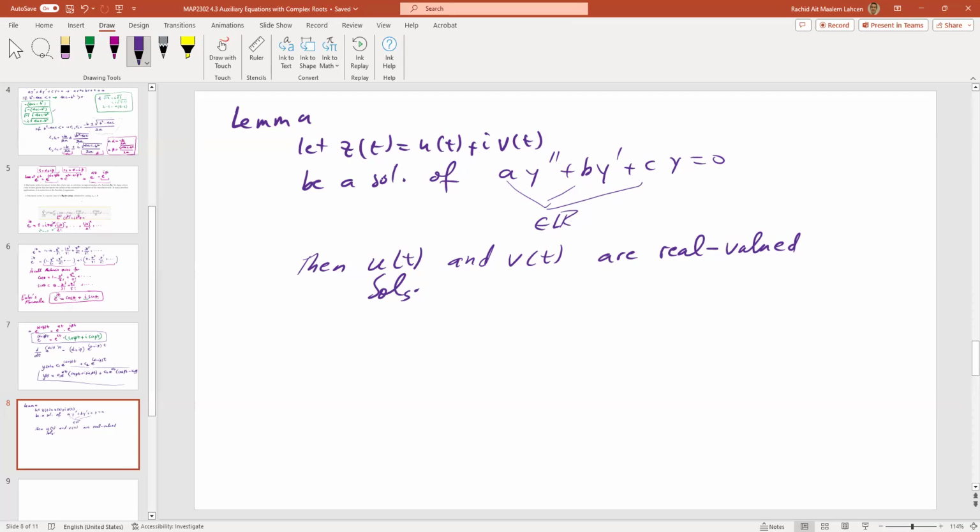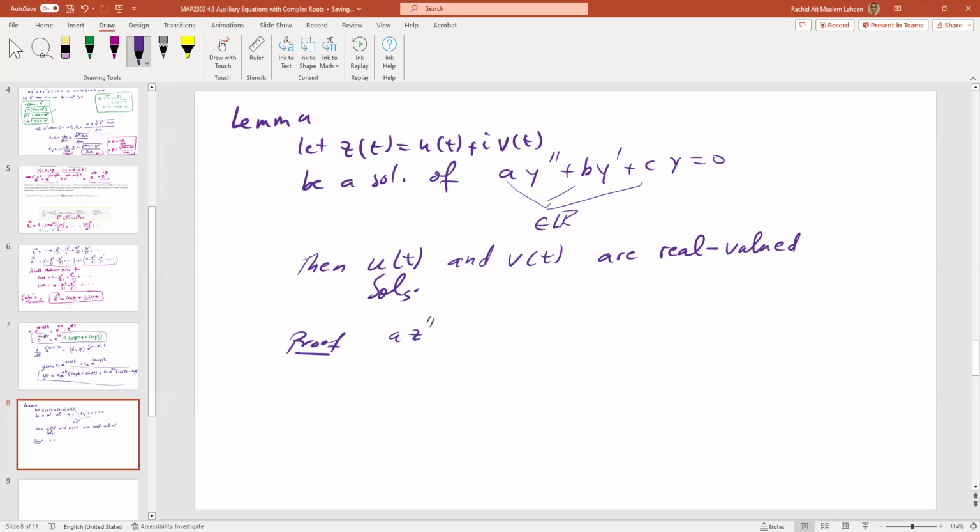If you're interested, for y double prime, y prime, and y, you will replace with this z here, you will replace with u plus iv. Let me give you a quick idea of the proof.